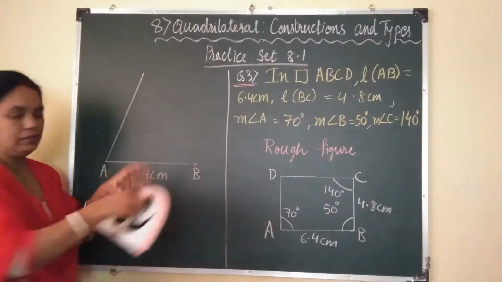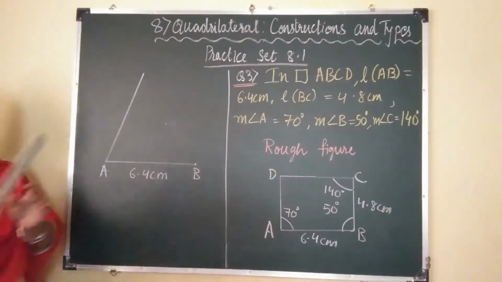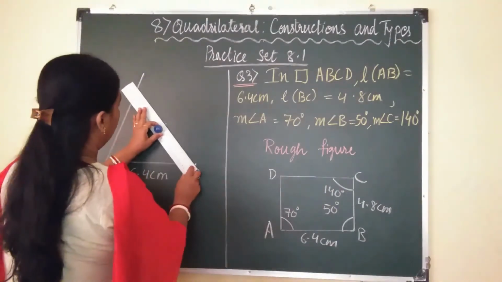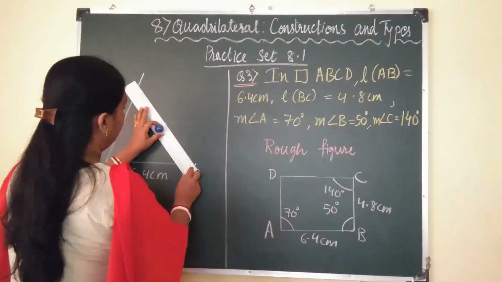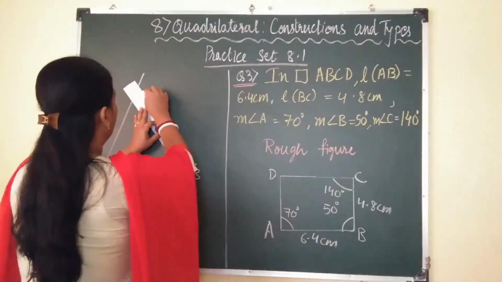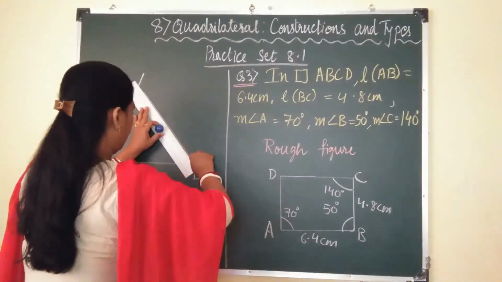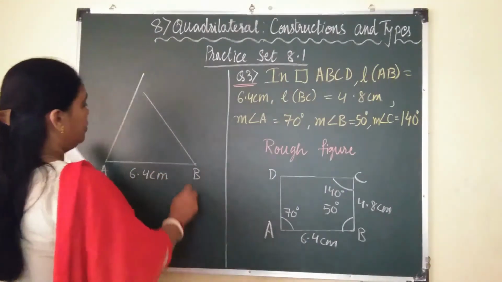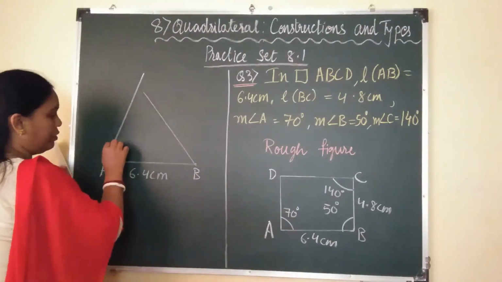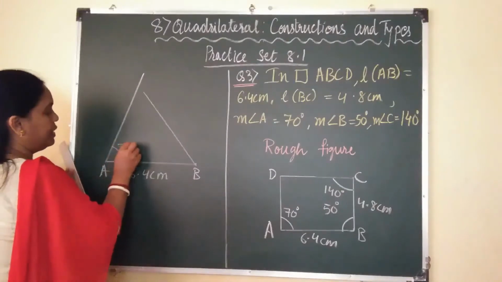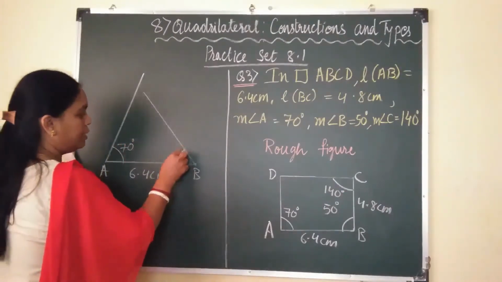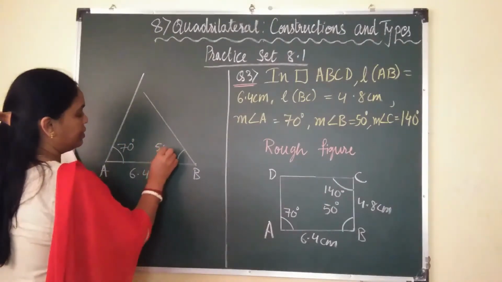So here we have drawn angle A 70 degrees, angle B 50 degrees.